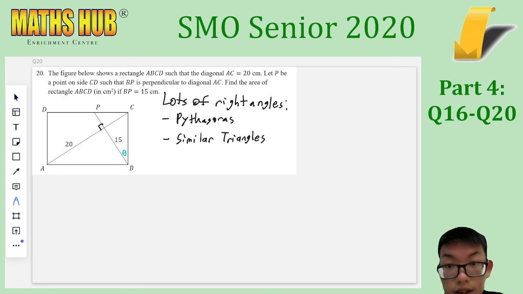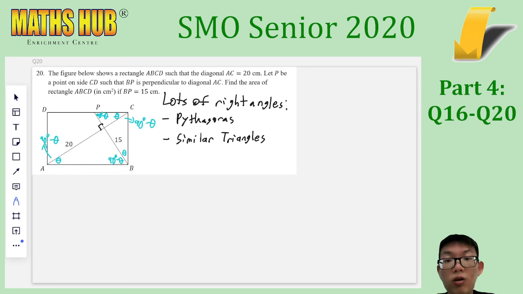Well, let's do a little bit of angle chasing. If this angle is marked as theta, and this is 90 minus theta, then using this right angled triangle, angle CAB is also theta, angle ACB is also 90 degrees minus theta, angle ACD is also theta, angle CPB is also 90 degrees minus theta, and angle CDA is also 90 degrees minus theta.